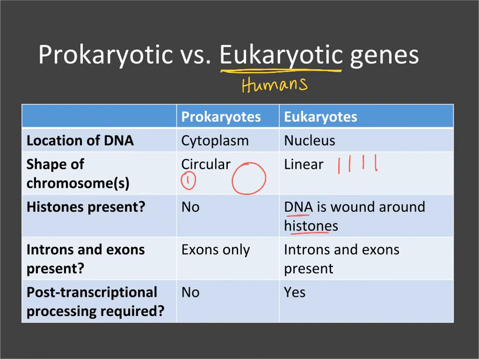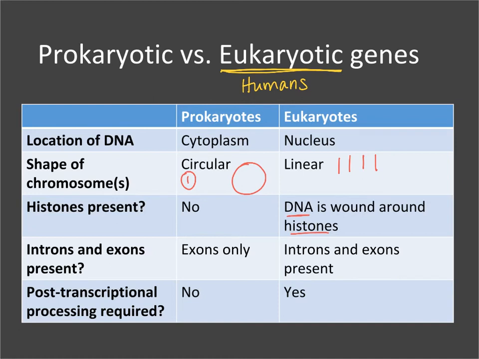So in order for our DNA to be unwound and opened up for transcription to occur, there has to be some extra proteins and enzymes involved in helping to open up that DNA from this highly organized structure. But prokaryotes have a much smaller genome, and they only have this single circular chromosome. They don't have histones, and so it's actually somewhat easier to get access to the genes in order for transcription to occur.